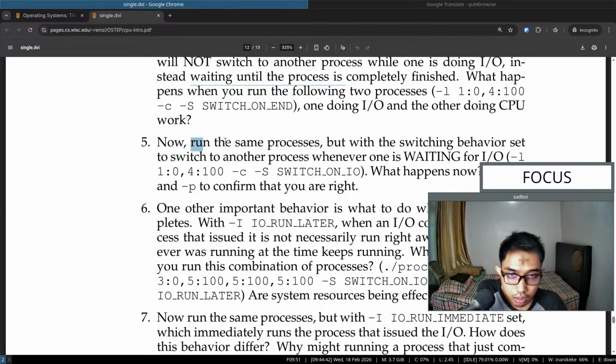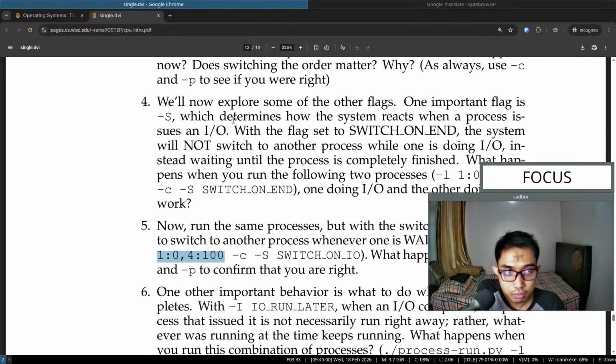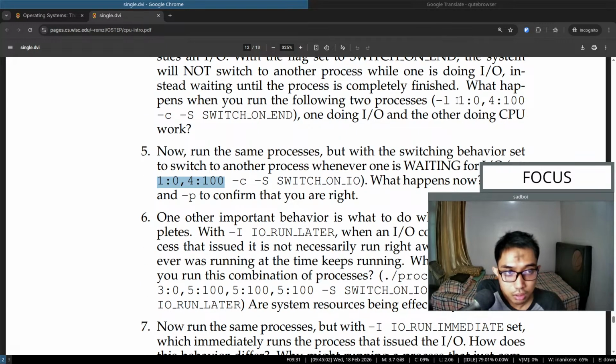Now run the same process, okay, but with the switching behavior set to switch to another process whenever one is waiting for input output. Okay, similar to this scenario.